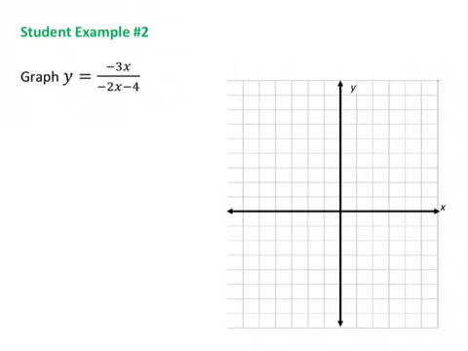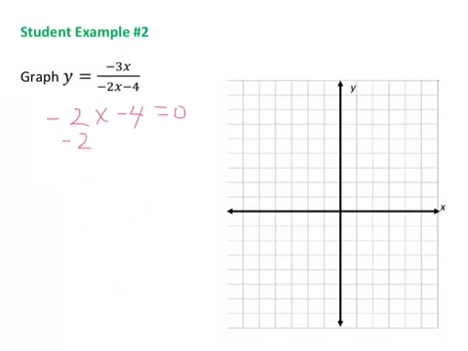Okay, here's one for you to try. I'll show you in a moment what the asymptotes are, and then I'll leave it to you to put the rest of it in a computer or do a very detailed graph. Okay, the asymptotes are from looking at -2x minus 4 equals 0.